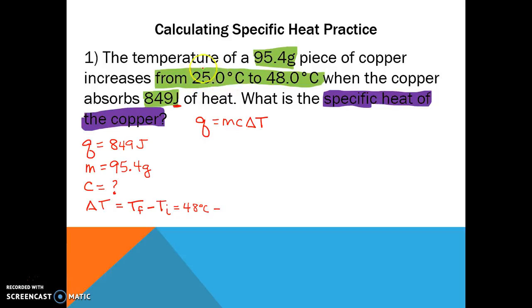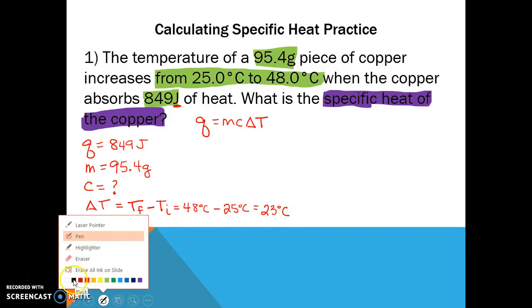So I'm starting from 25 degrees Celsius. So I'll just pop that in my calculator or do it in your head, whichever works for you. So 48 minus 25 equals 23 degrees Celsius. See that I kept all of my units here. That's really important. We want all of our units.